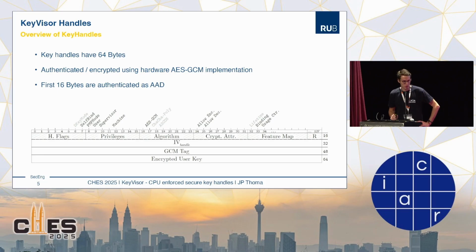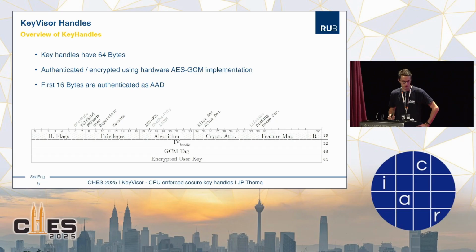We have the first 16 bytes for the attributes. We have some flags that indicate in which mode we are operating. Then we have some bits that help you define the privilege levels from which the key handle can be used. For example, you could define a key handle that is only usable from supervisor mode.